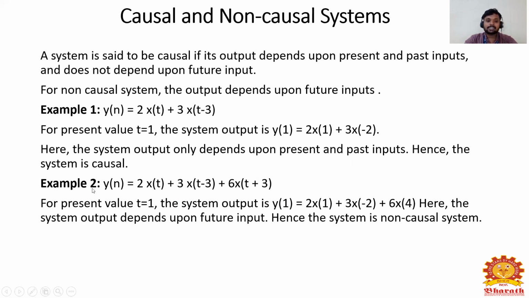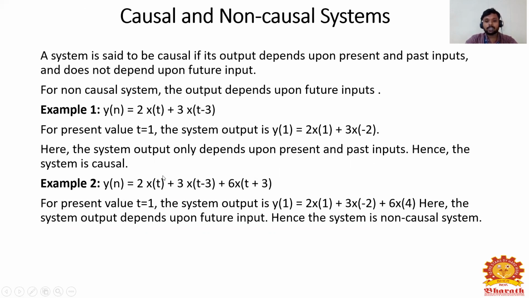So let us take example 2. y of t is equal to 2 into x of t plus 3 into x of t minus 3 plus 6x of t plus 3. Let us consider the present value t is equal to 1.